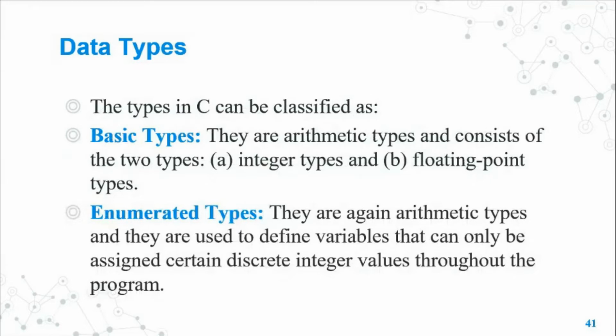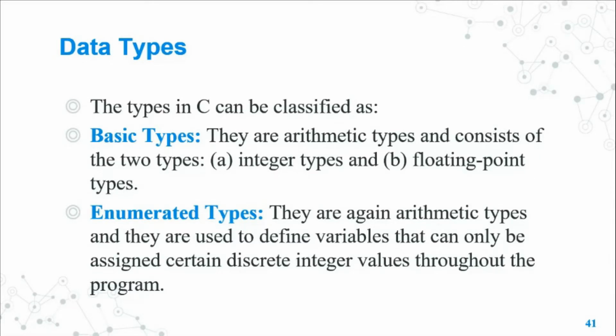The data types in C can be classified into different categories, and the basic classification is basic types. The basic types are the arithmetic types and consist of two types, integer types and floating point types. Then the enumerated types. Enumerated types are again arithmetic types, and they are used to define variables that can only be assigned certain discrete integer values throughout the program.